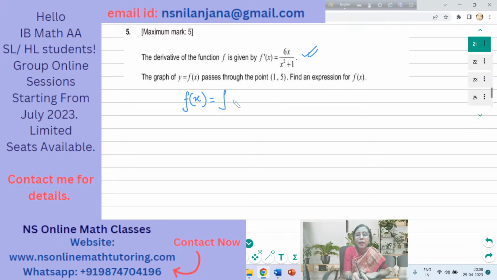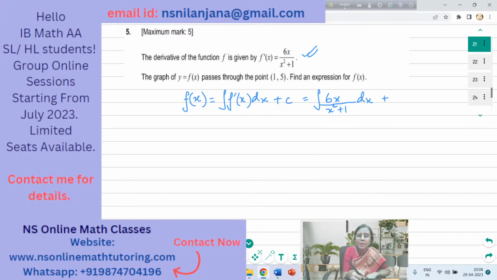f of x will be the integration of f dash x with respect to x plus c. So this is the integral of 6x over x squared plus 1 dx plus c.